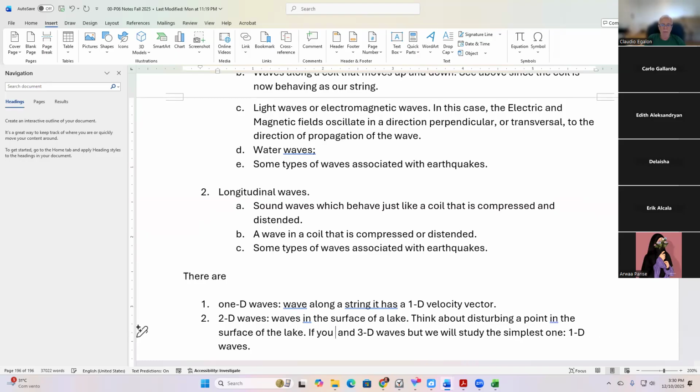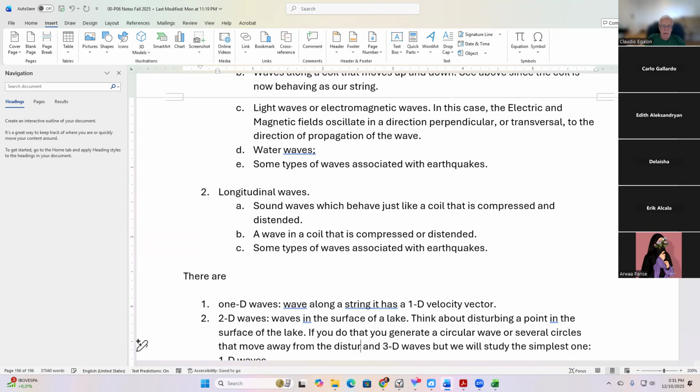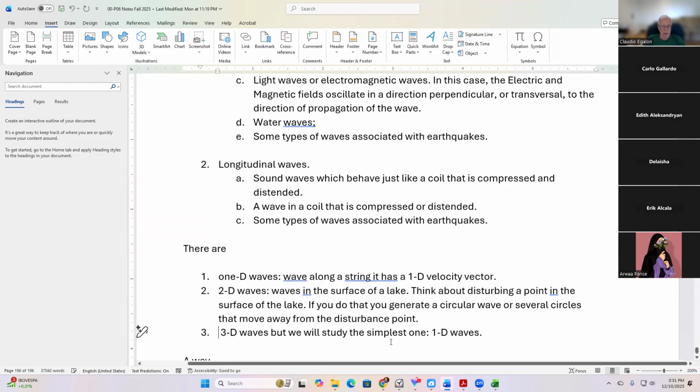If you do that, you generate a circular wave, several circles that move away from the disturbance point. Okay, and then we have 3D waves.